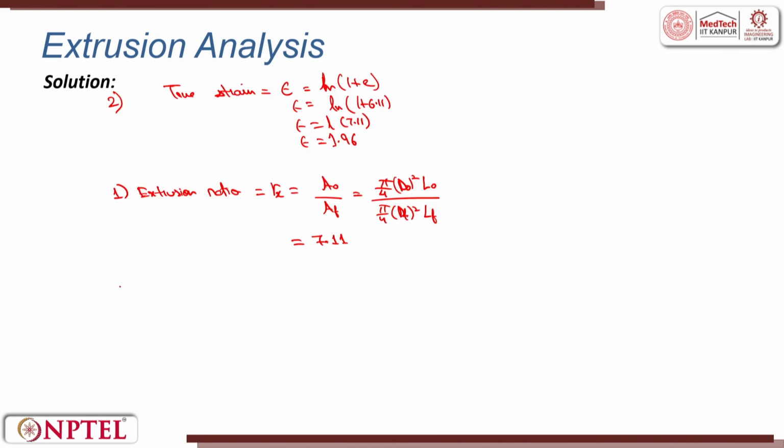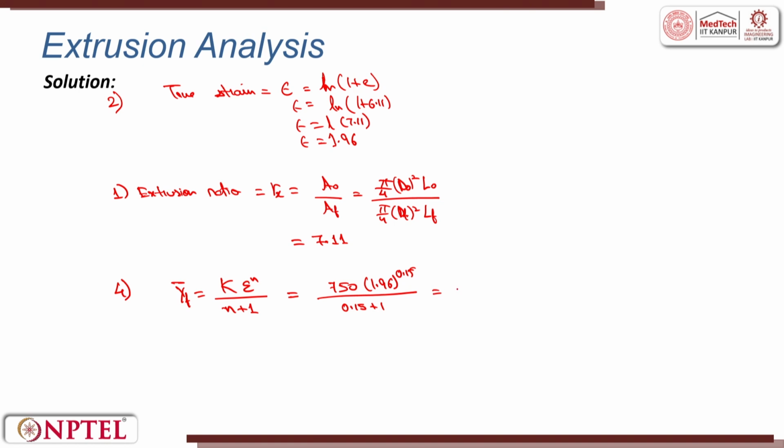To calculate the ram force, I need to find the value of the average flow stress, that is Y F bar. So this is equal to K epsilon bar N by N plus 1, which is equal to 750 into 1.96 bar N, that is 0.15 by 0.15 plus 1.